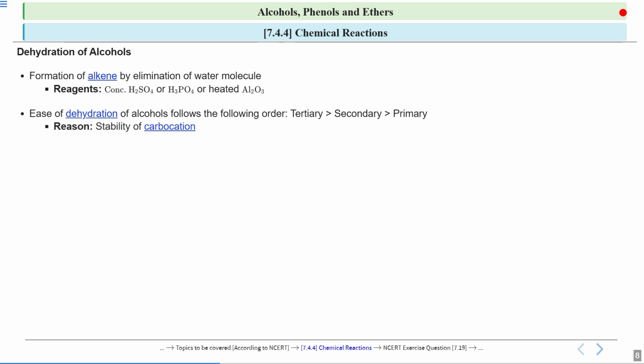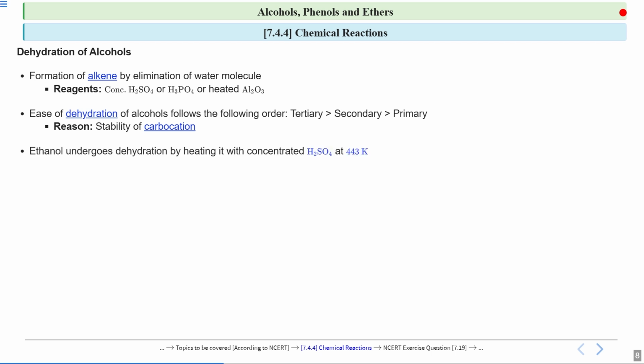Because of the stability of carbocation. Tertiary carbocation is more stable, then comes the secondary and then the primary. Because the tertiary carbocation is more stable, it will form at a faster rate. That is why the ease of dehydration is most for tertiary alcohol and least for primary, because primary carbocation is not as stable as tertiary carbocation.